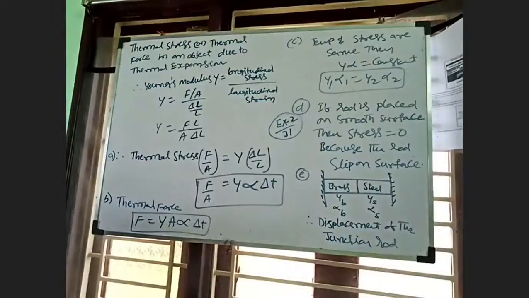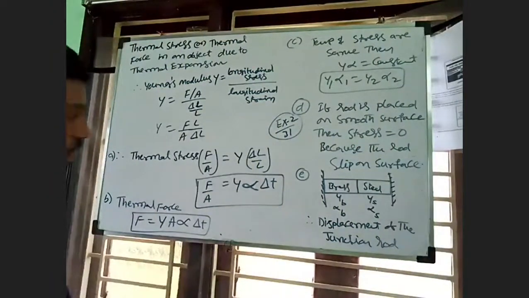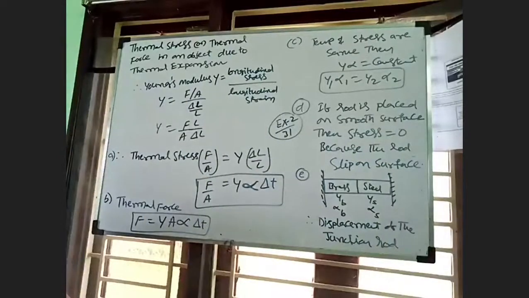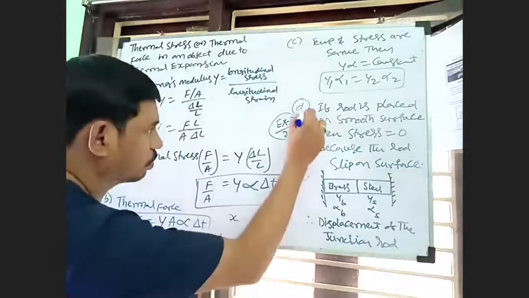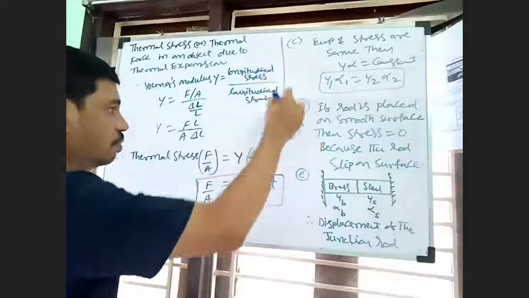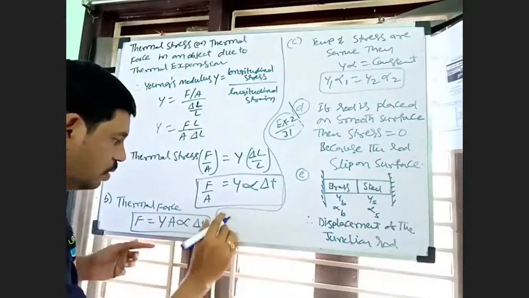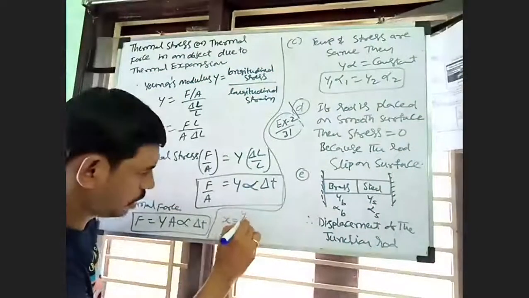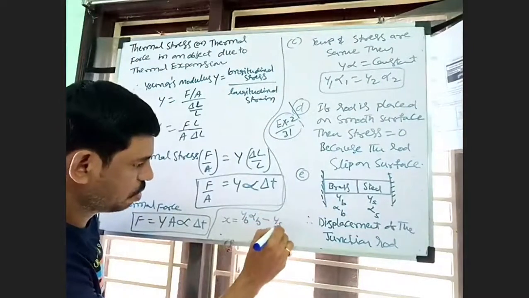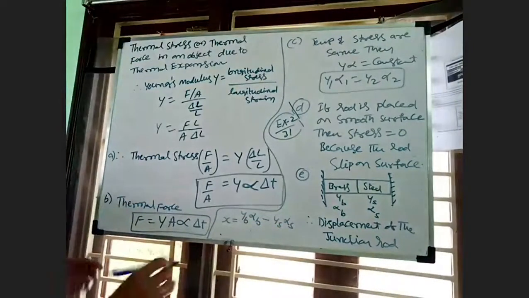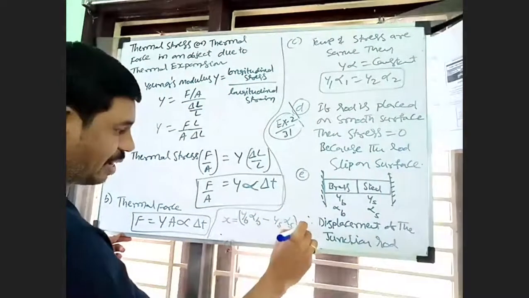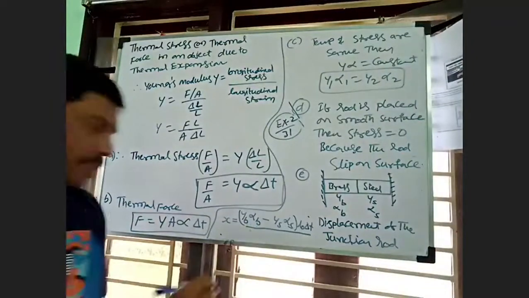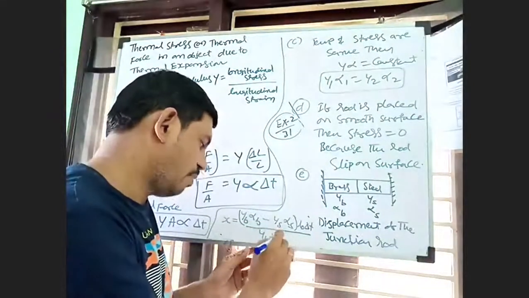So, the final formula. Take, write down the final formula: x equal to (Yb alpha b minus Ys alpha s) into L naught delta T, by (Yb plus Ys).